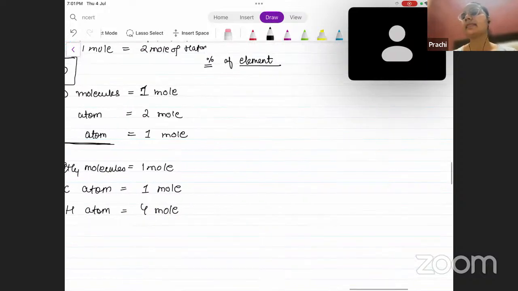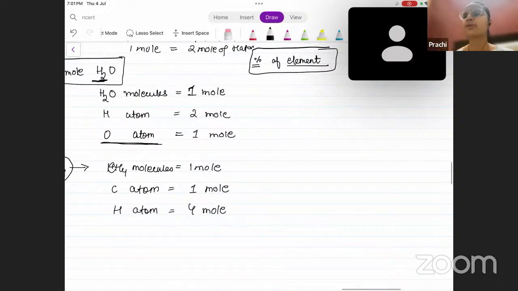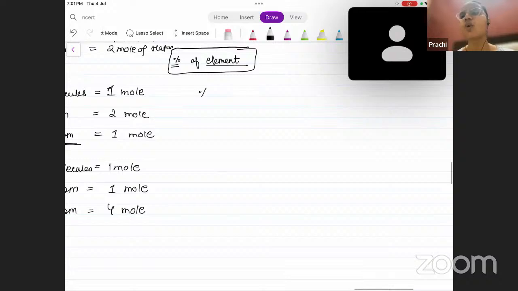Now, the next topic that we have to learn about is how to calculate the percentage of a particular element in any compound. Let's begin with water only. Let's suppose I ask you what is the percentage of hydrogen here.